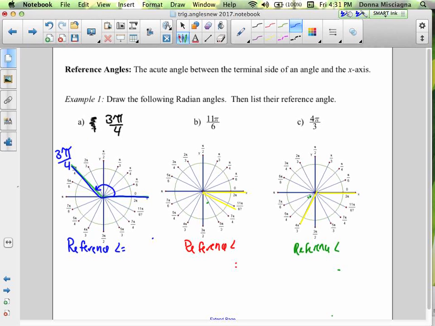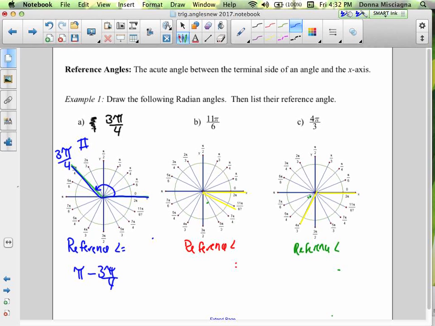We are in the second quadrant. So to find our reference angle, we're going to take 3 pi fourths and subtract it from pi, right? Because 180 degrees is pi. So, pi minus 3 pi fourths.